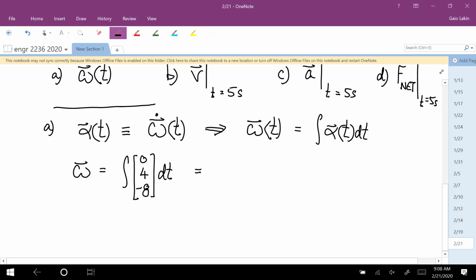This is a constant representing x, then we have 4t plus a constant for y, and negative 8t plus a constant for z.